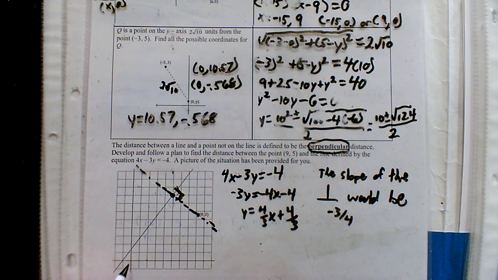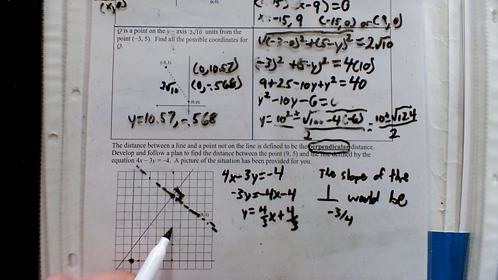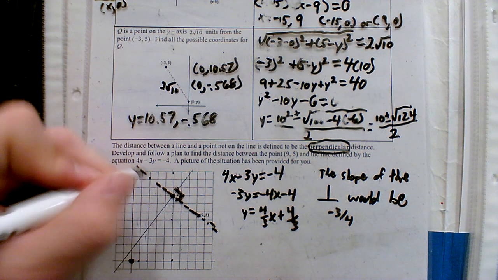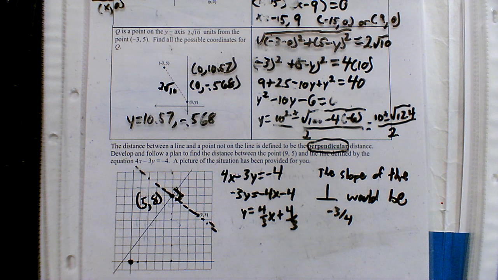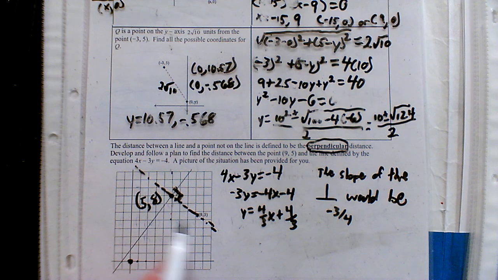And now we need to figure out what that point is. So go to the origin and count from the origin to see what the point is. 1, 2, 3, 4, 5. 1, 2, 3, 4, 5, 6, 7, 8. So (5, 8). So we have (5, 8), and we have (9, 5).